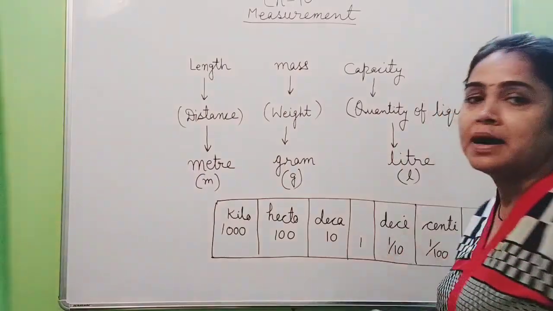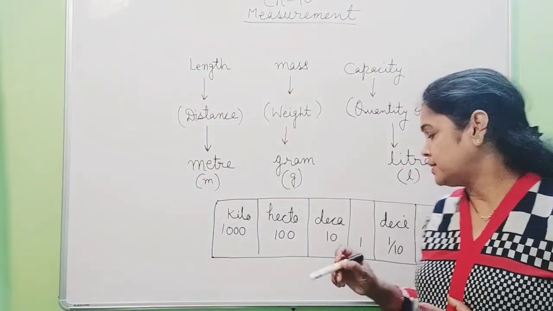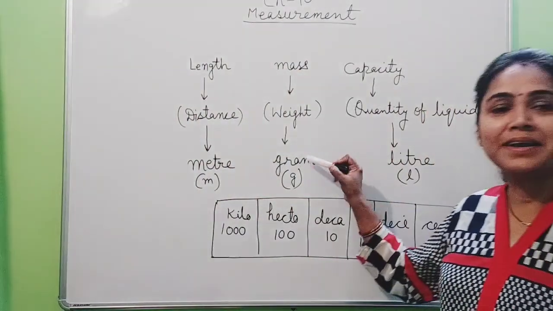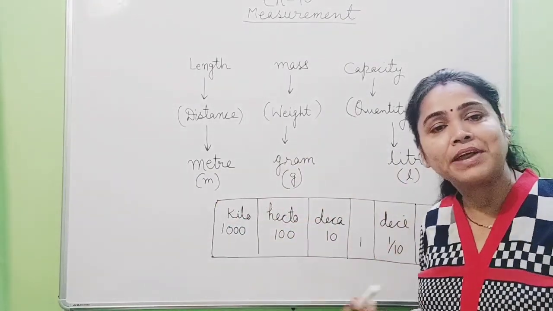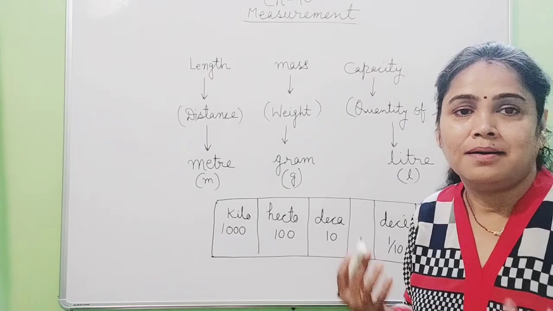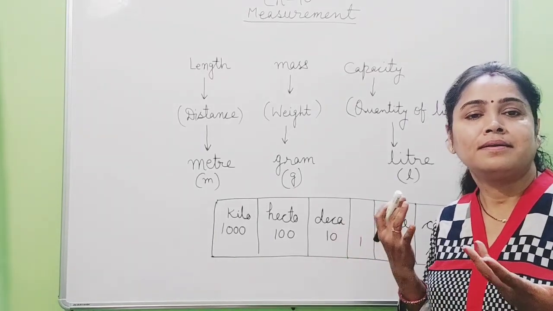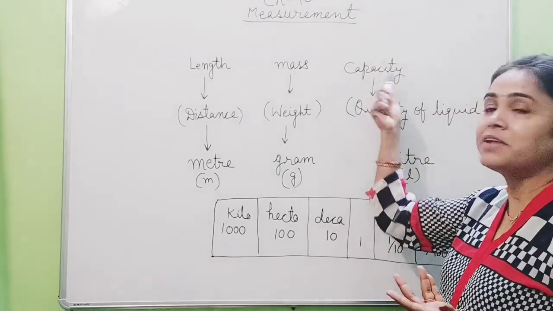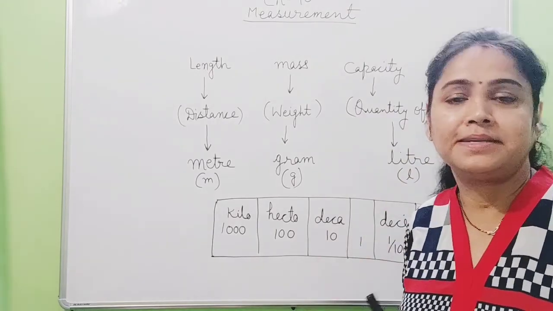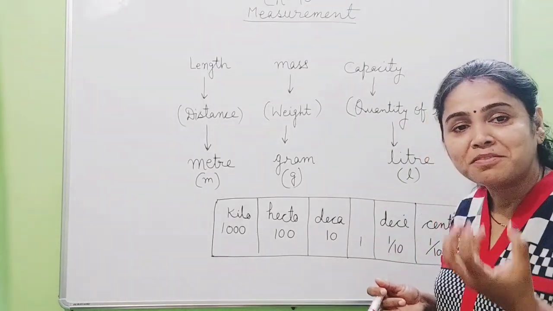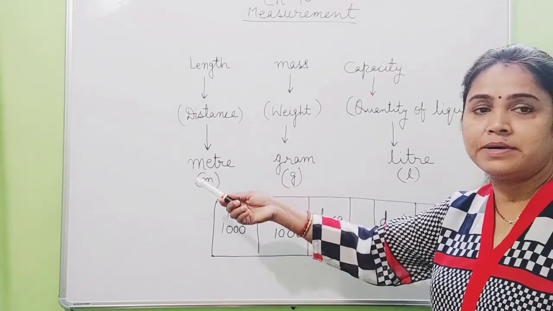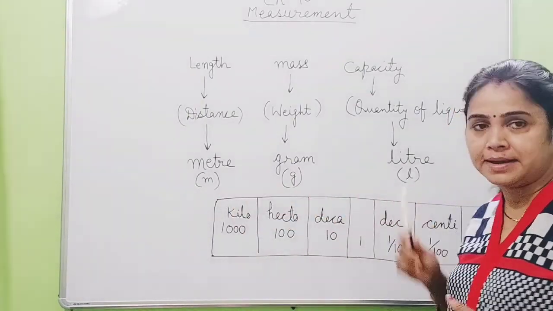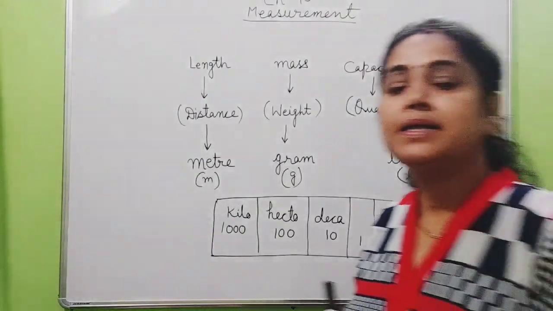Now only by using gram or meter or liter we cannot measure every length, every mass or every capacity. So we need sometimes smaller units, sometimes greater units. So we have understood that meter, gram and liter are the standard units for different things.